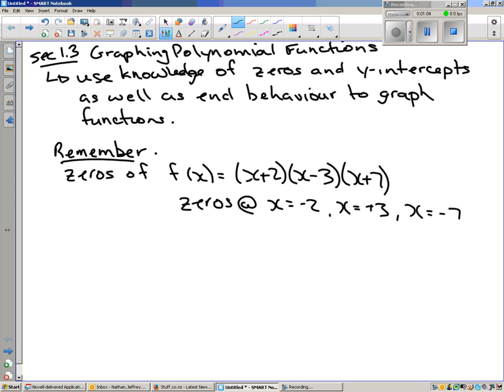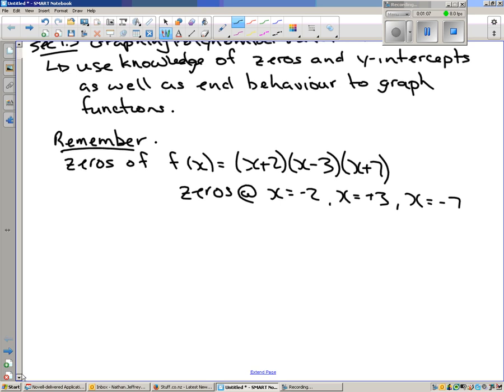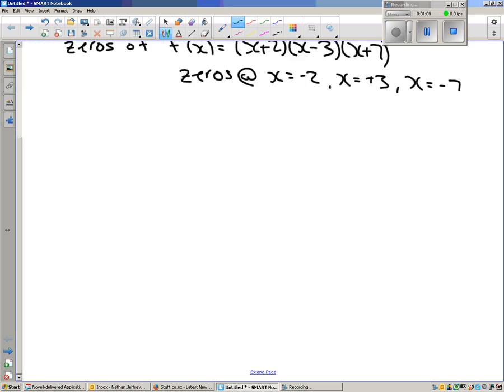If we start building a graph, we can take our grid and put in our zeros at negative 2, positive 3, and negative 7. Now we're starting to build towards our graph.